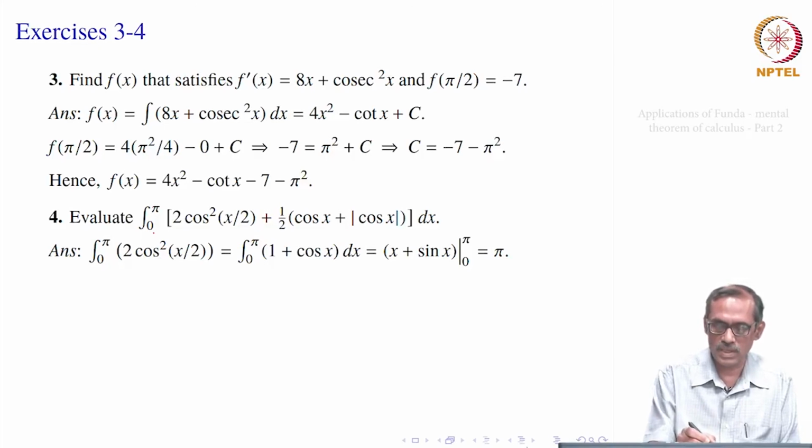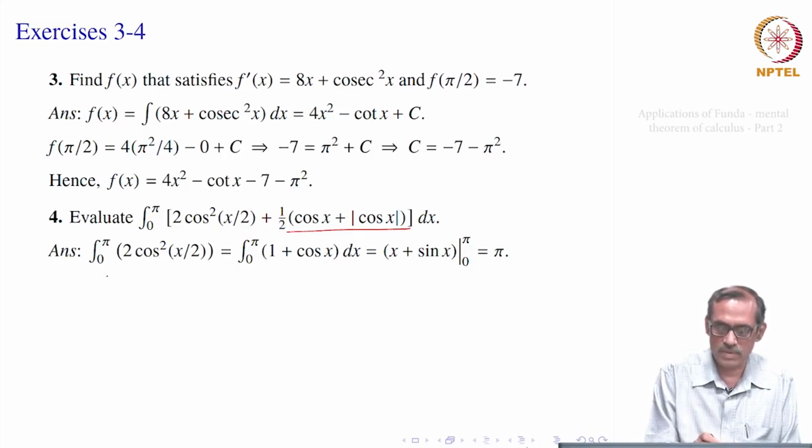So we should break this interval 0 to pi into 2 different integrals for evaluating the second expression. But the first expression we have no problem, it is cosine square x by 2, which is always of the same sign, it is positive.